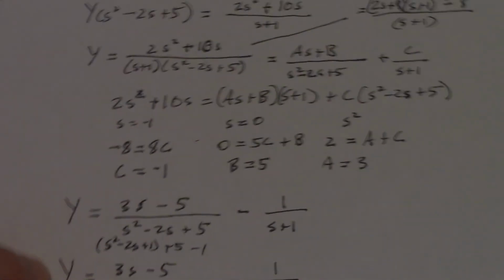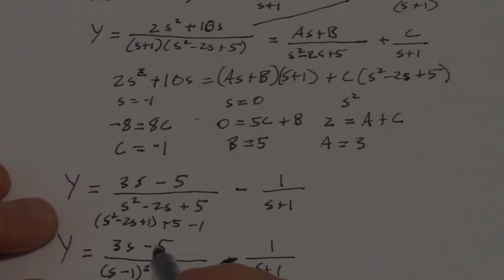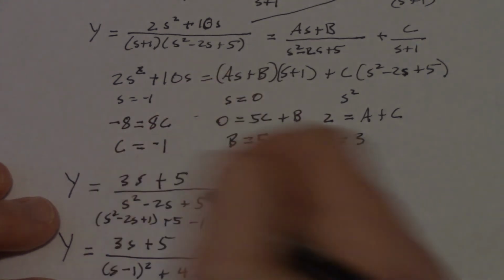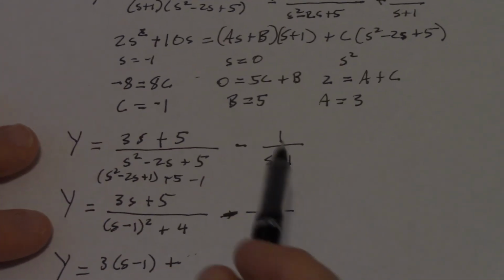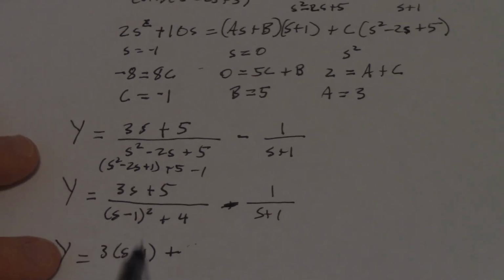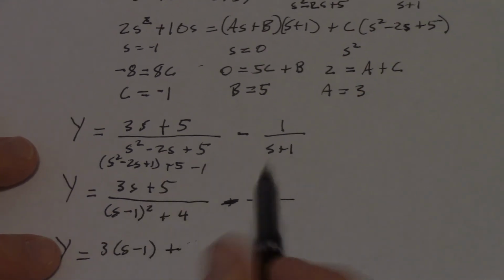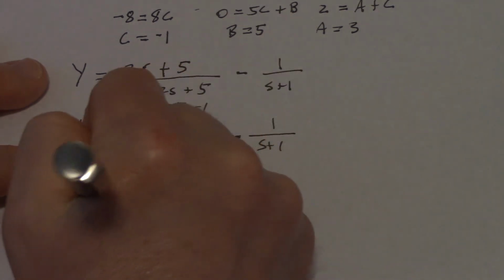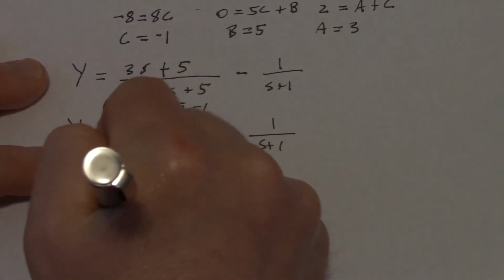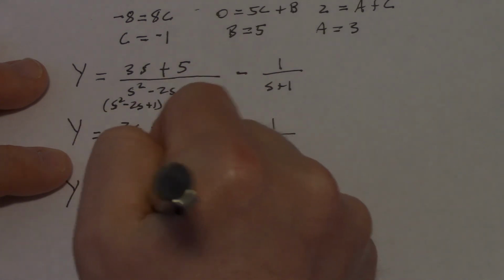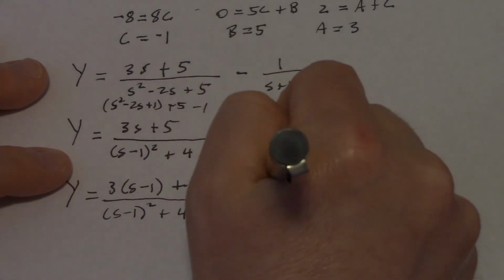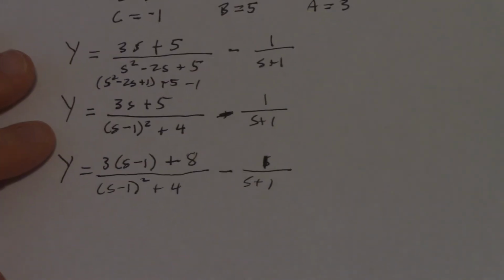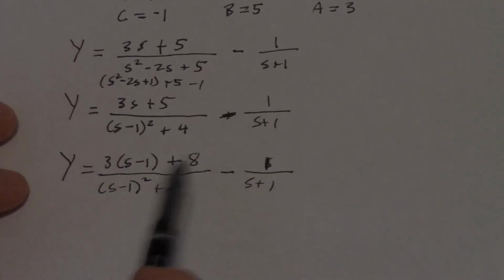So I've already got a 5 there, and that's supposed to be a plus. I keep getting my signs wrong. Okay, so when I add my 3 in, that's going to turn into 8, over s plus 1.